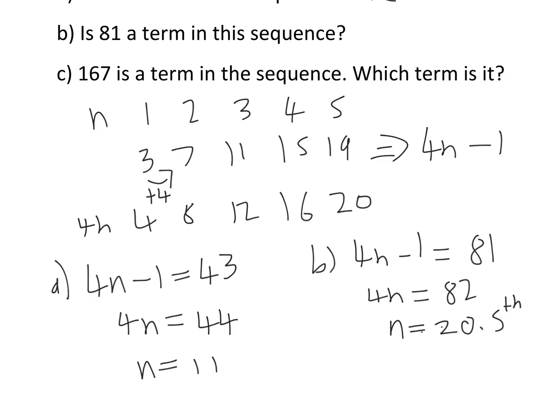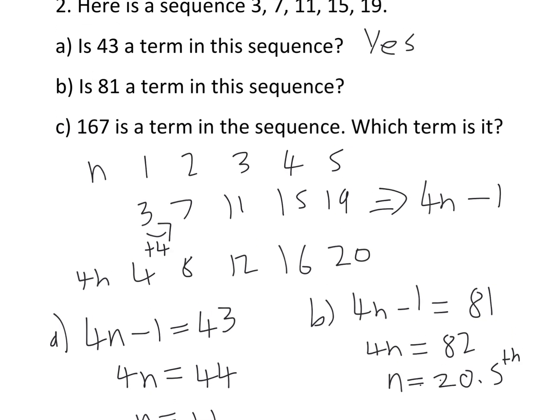You have a first term, a second term, a third term, and so on. They have to be integers. So this is not a term in the sequence. It's halfway between two terms, between 79 and 83.